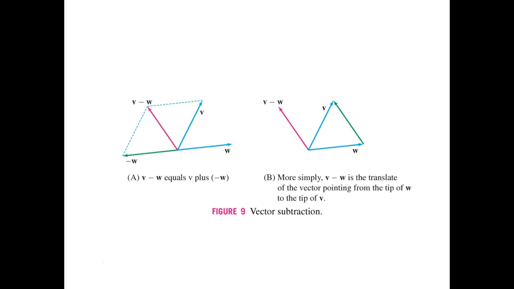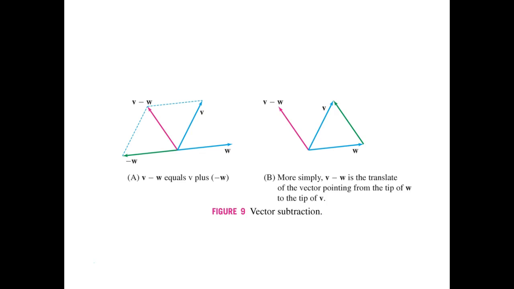Now, again, we're starting out with the same two vectors, V and W. This time we're doing V minus W. This is why I thought we were going to do scalar multiplication first. What do we mean by minus W? Well, this is W. Negative W would be along the same line, but in the opposite direction.